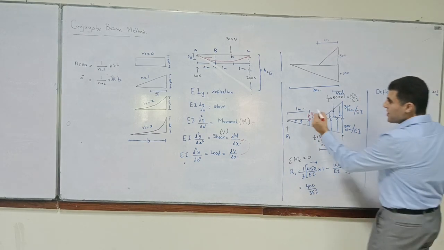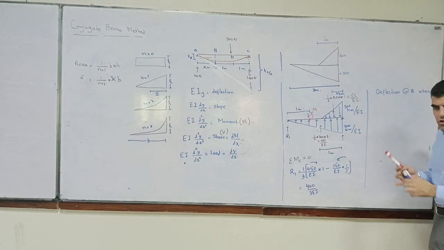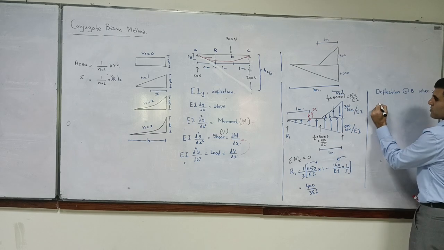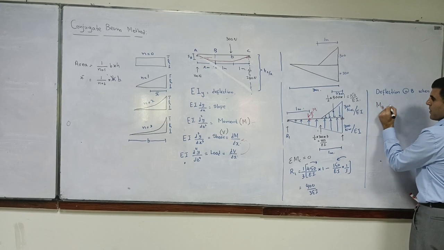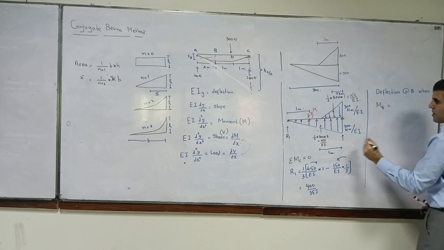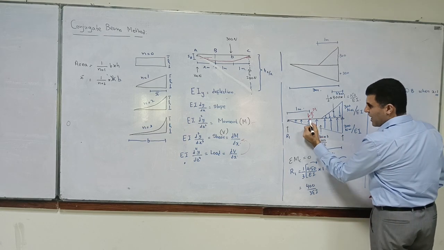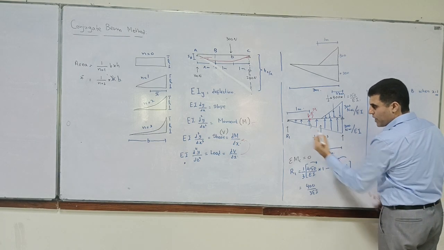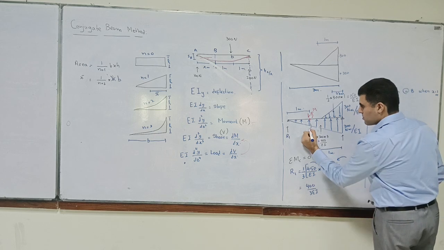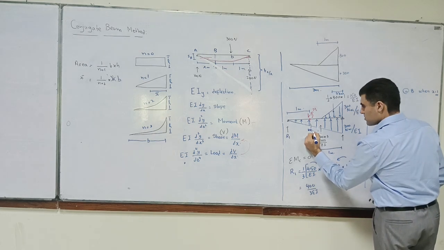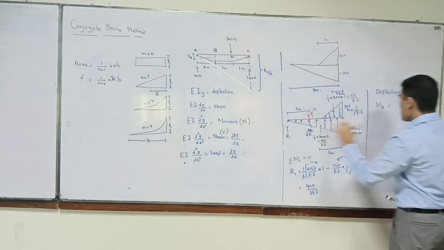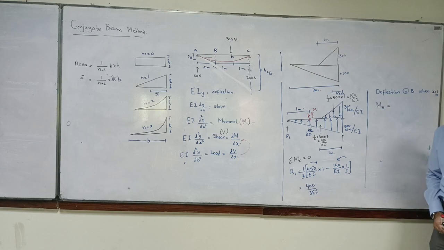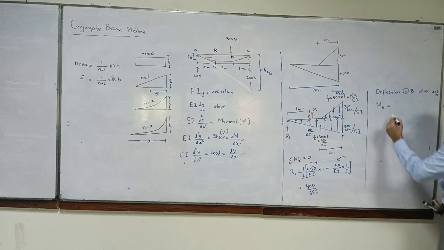So, what is this moment? Moment at B is equal to... first of all, find the magnitude. How much is this one? 300. This is 100. Okay? So moment at B is equal to R1 times 1. That's how we find out our moments, don't we? Yes, sir. Okay.